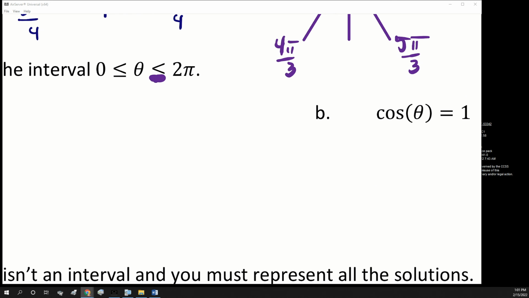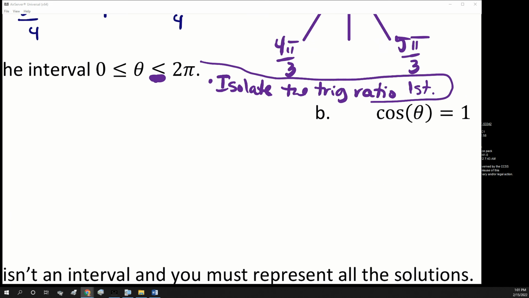Not radical, sorry. Isolate the trig ratio first. So if there's something that is being multiplied by it, or something that is added to it or subtracted from it, move that to the other side first, and then we'll figure it out using the hand trick or the unit circle.